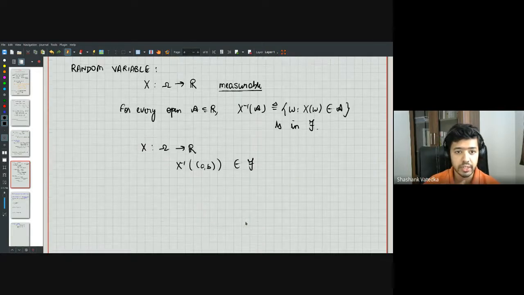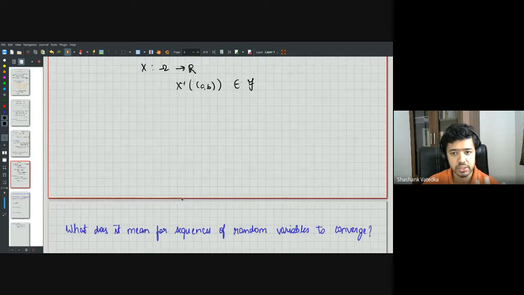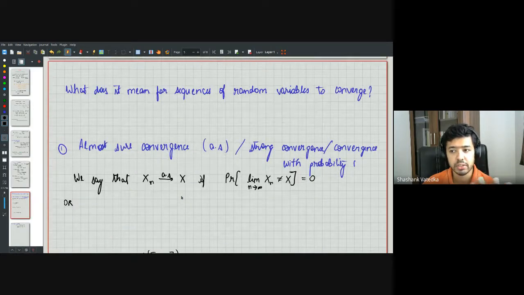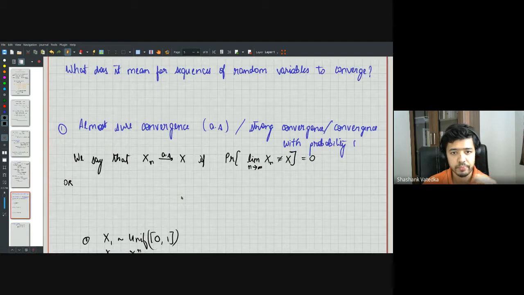But what we're interested in are not just random variables, but sequences of random variables. We want to ask ourselves, what does it mean for a sequence of random variables to converge? We've now understood what it means for a sequence of numbers to converge to something, but when it comes to random variables, things can get very complicated very easily. I'll give a series of definitions.